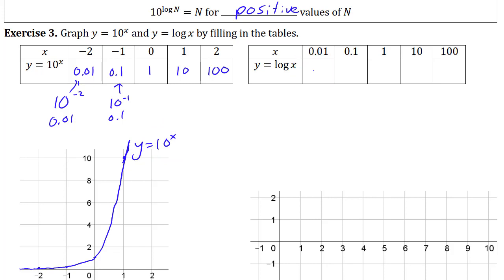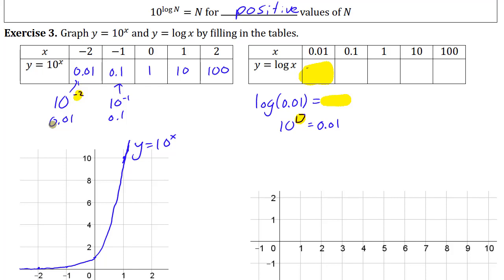To fill in what goes here, this result is going to be log of 0.01, replacing x with that 0.01. And whatever this is, remember, log of anything is the exponent of 10 that results in 0.01. And what is the exponent of 10 that results in 0.01? It's negative 2. We have it over here.